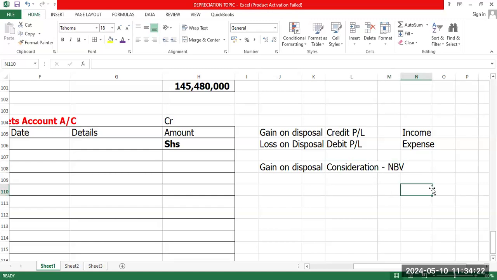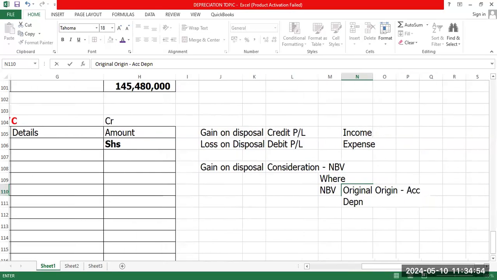Net book value is equal to cost, the original capitalized cost, minus accumulated depreciation.